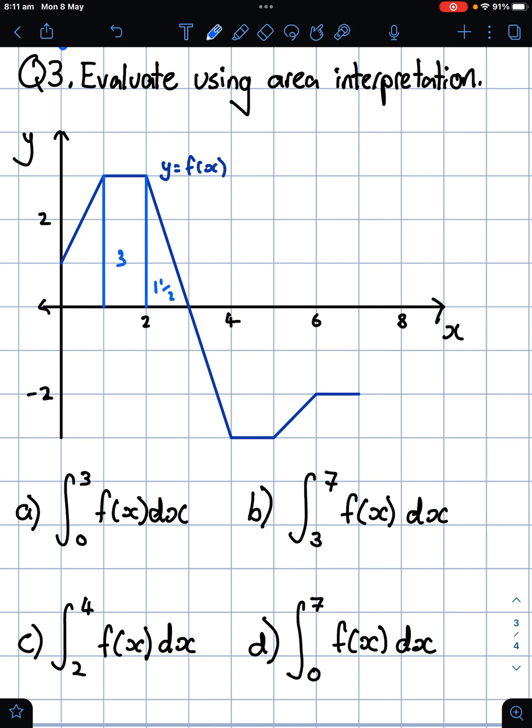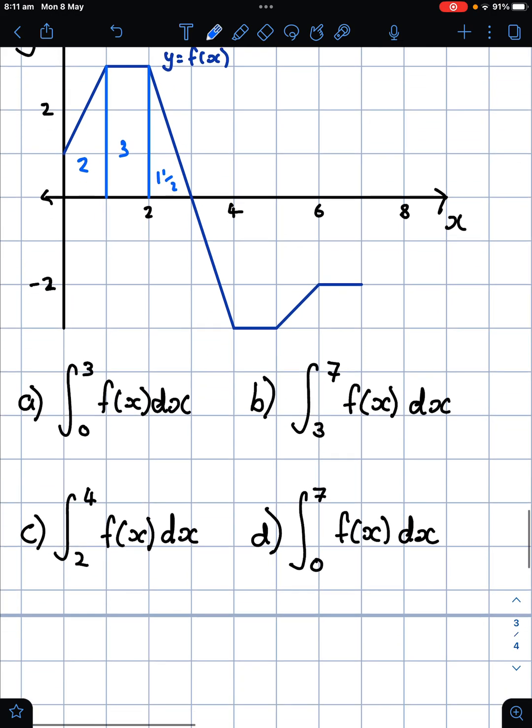This looks like it's 3. This looks like 1 plus, what this would be 2. This here would be 1.5. This would be 3. This would be 2.5. And this next one would be 2.